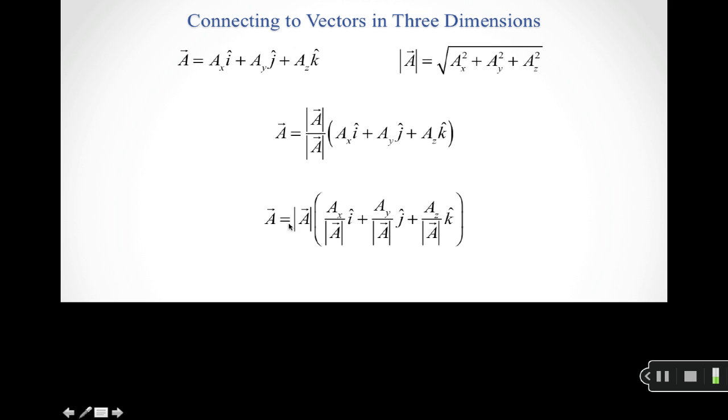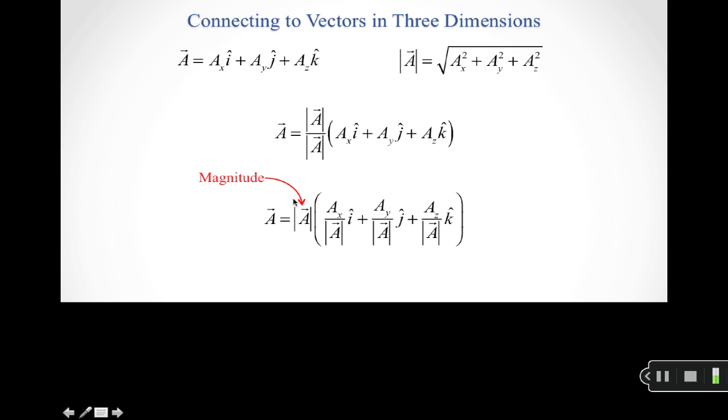And again, distributing it means it needs to get multiplied by each term, which means that now I have the vector A is equal to the magnitude of that vector times its x component divided by the magnitude i hat plus its y component divided by the magnitude j hat plus its z component divided by the magnitude k hat.